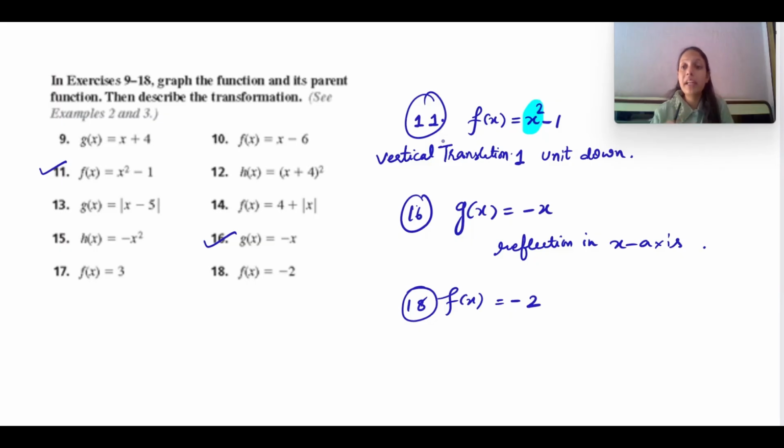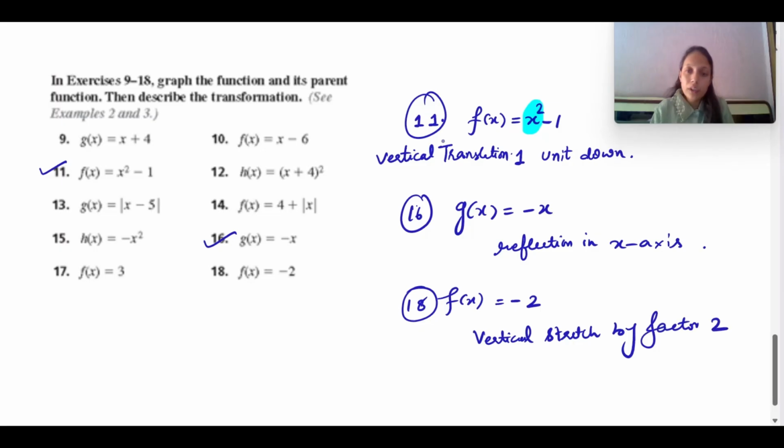We multiply by 2. 2 is greater than 1, so it's a stretch. So vertical stretch by factor 2. Then what about this negative? When a function is multiplied by a negative, it tells us it's a reflection in the x-axis because the negative is multiplied outside. So it's a reflection in the x-axis.